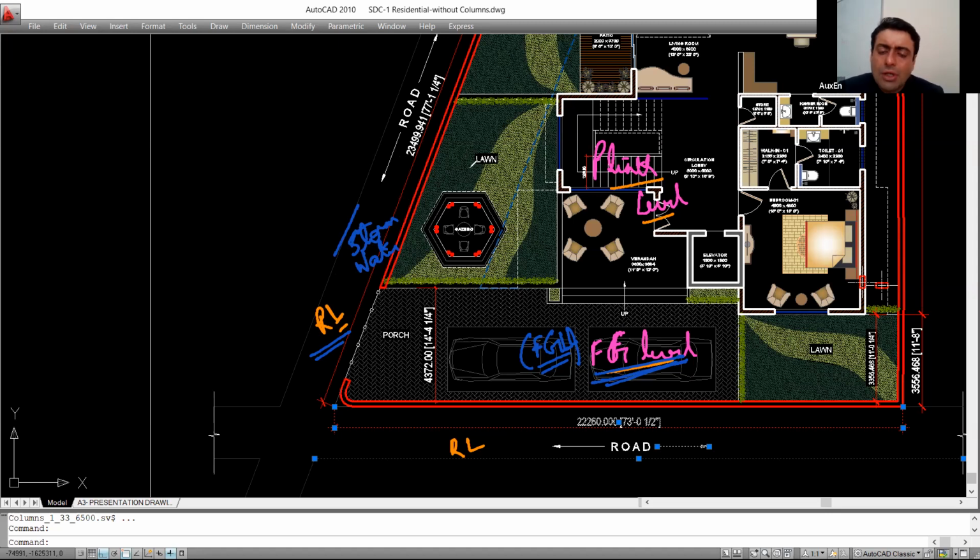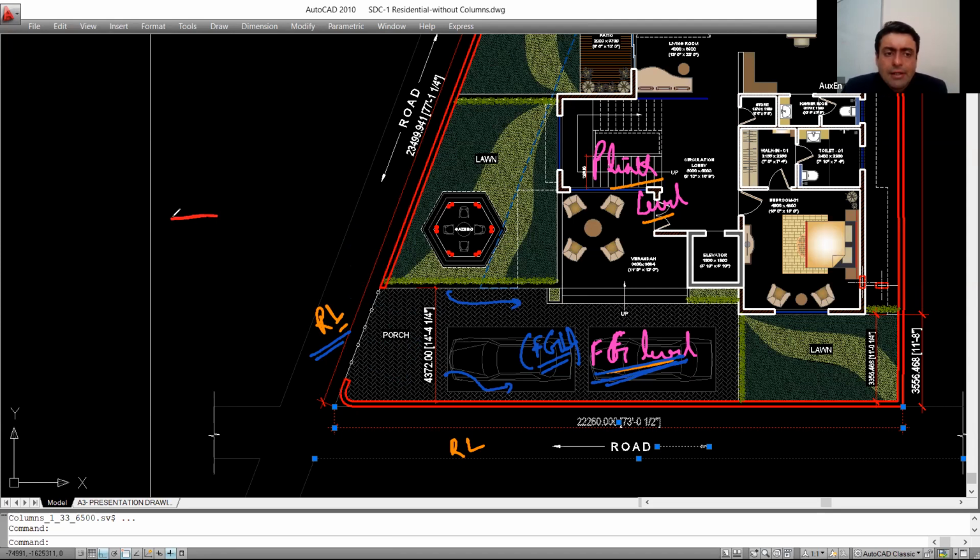So most of our roads do not have proper stormwater runoff systems. So what happens is that many times the stormwater may enter your house, or at least it may enter your porch. So therefore, what you want is that your porch level or FGL level should be raised above the road level. Am I making sense?